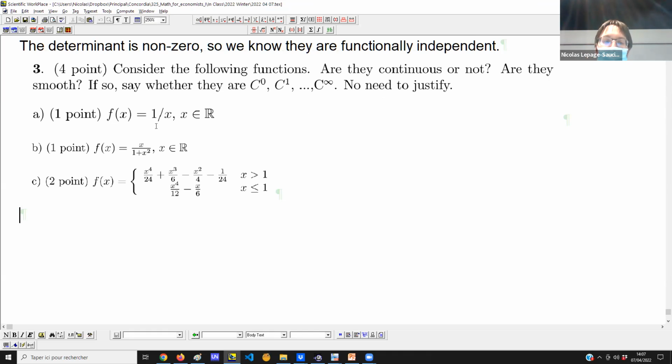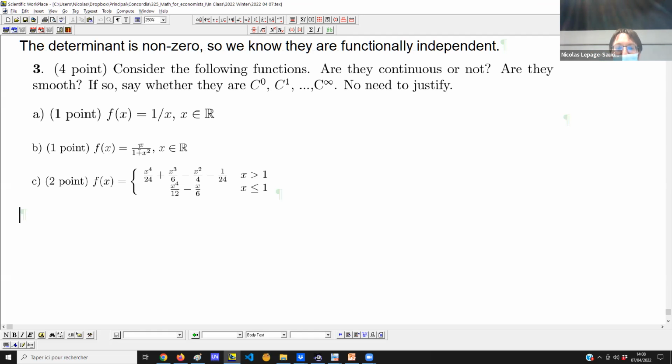What you have to do is look at them and ask yourself, am I going to get a gap in it or not? Or a gap in the derivatives or not? Does somebody know what we're doing, or are you all confused? Yeah, more or less. Okay.